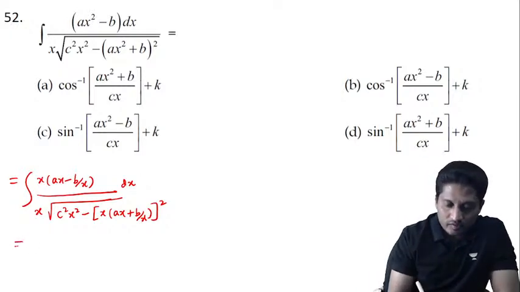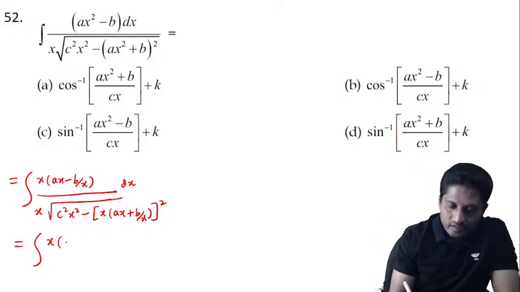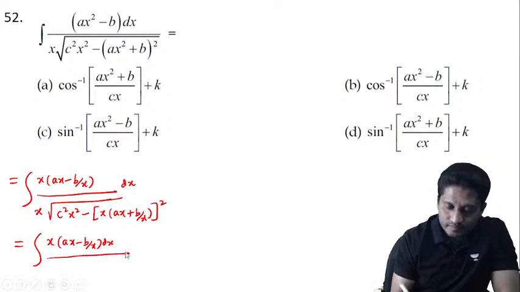Okay, now this is equal to x into (ax minus b by x), then whole divided by x into root of c square x square minus this fellow, which will be equal to x square into (ax plus b by x) the whole square.